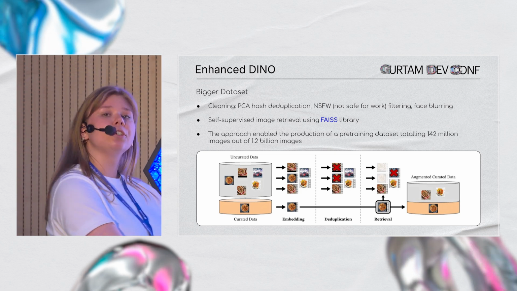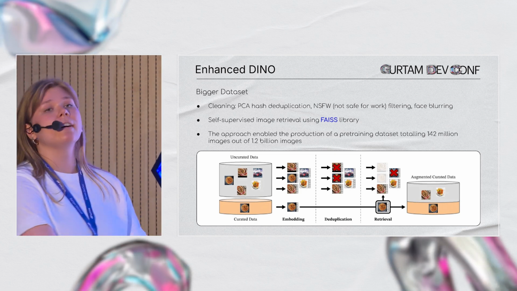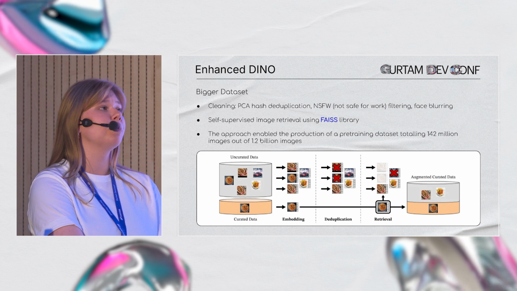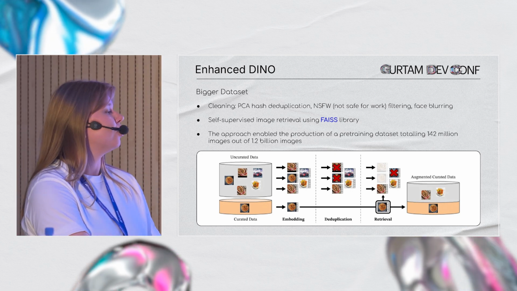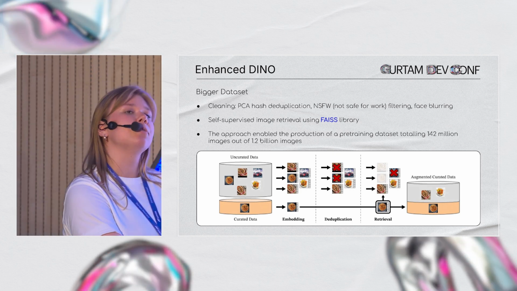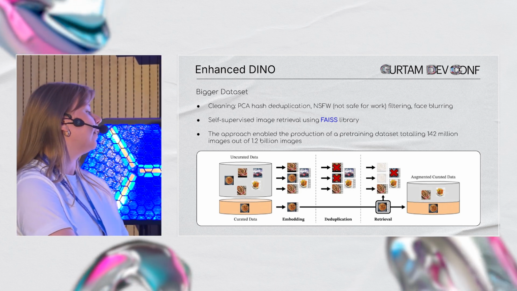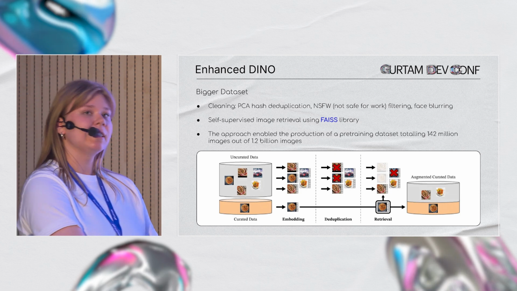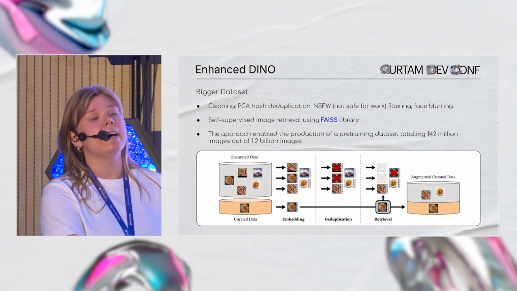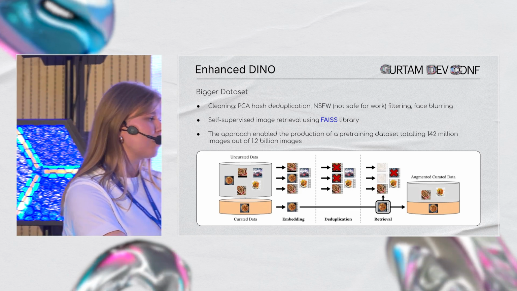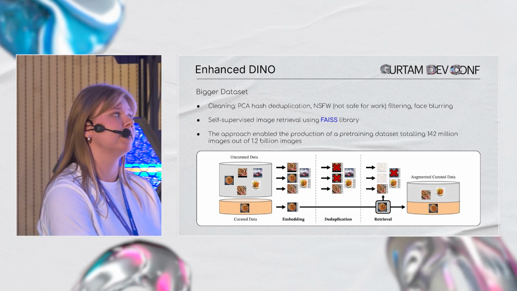They had their uncurated data, and they have some curated data, of course, because there are many open source data sets that you can use while training your models. They were taking one sample from that curated data, and they were looking for similar images from the uncurated pool. They deduplicated them, and then they were adding them to the final data set.